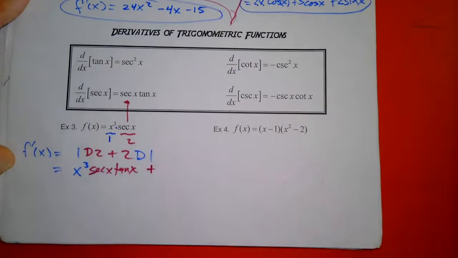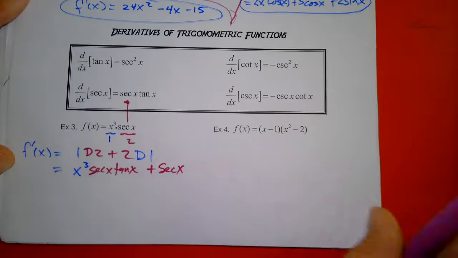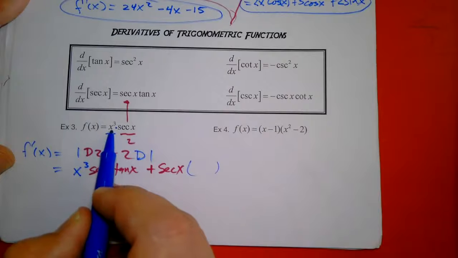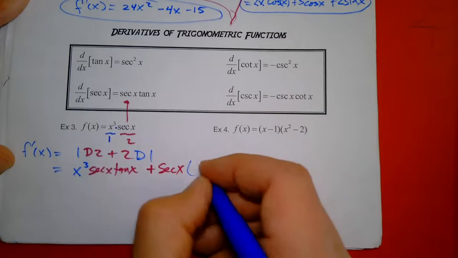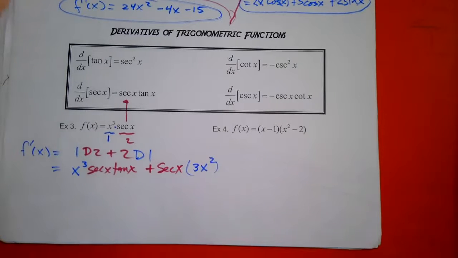And then plus 2 secant of x, derivative of the first. What's the derivative of x cubed? 3x squared. Bring the power down, that's why it's called power rule, and then deduct 1 to the power. Okay? Any questions so far? I would simplify this a little bit.